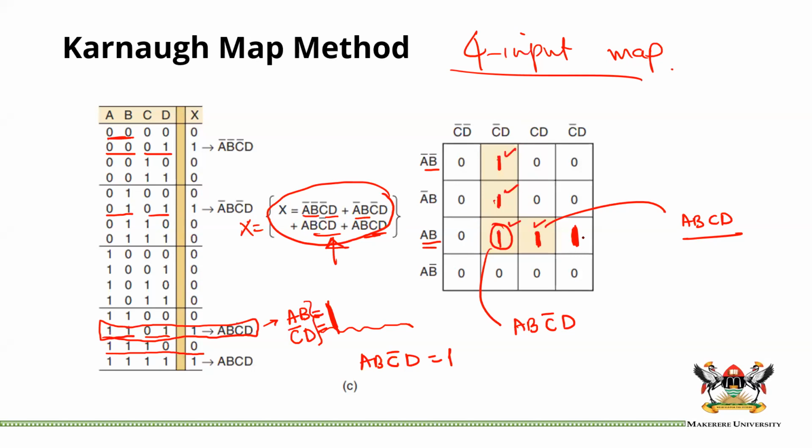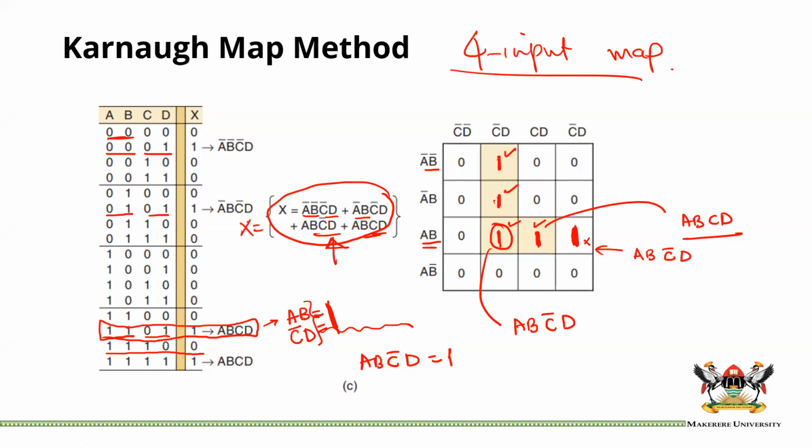So is this the one? The last column, C inverse D, is CD inverse, not C inverse.